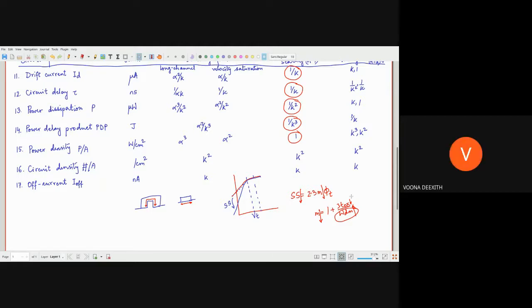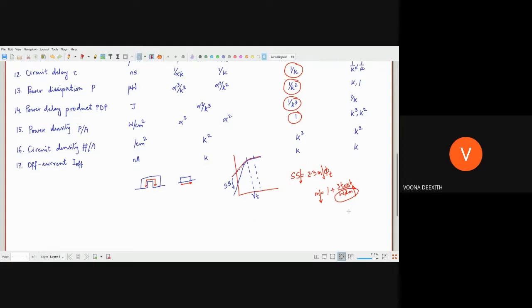Sir, can we increase the concentration of the substrate? How does that help? Sir, if you increase it, then the depletion width will be reduced. For NMOS we have a P type substrate, so for more P plus region we will have fewer minority carriers. On the contrary, think about it.